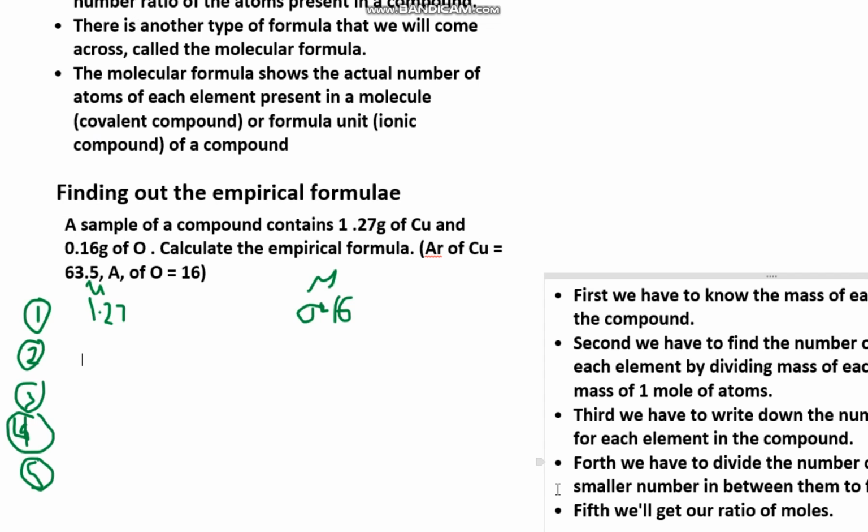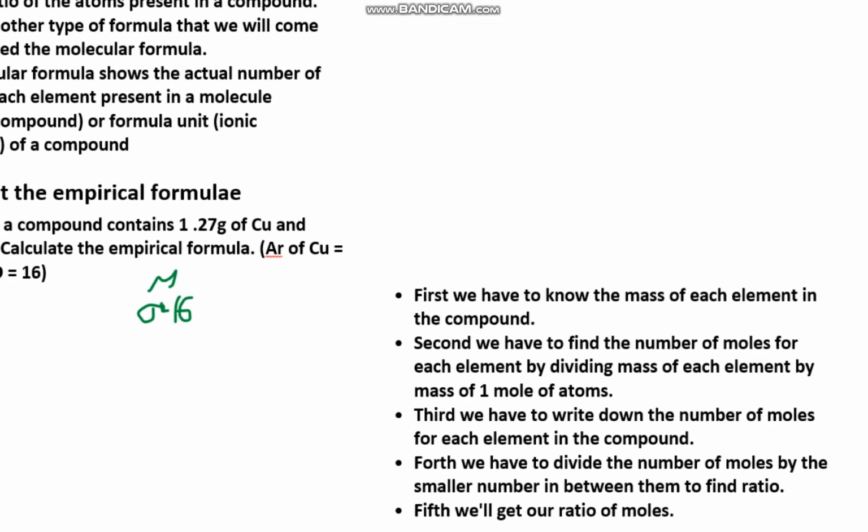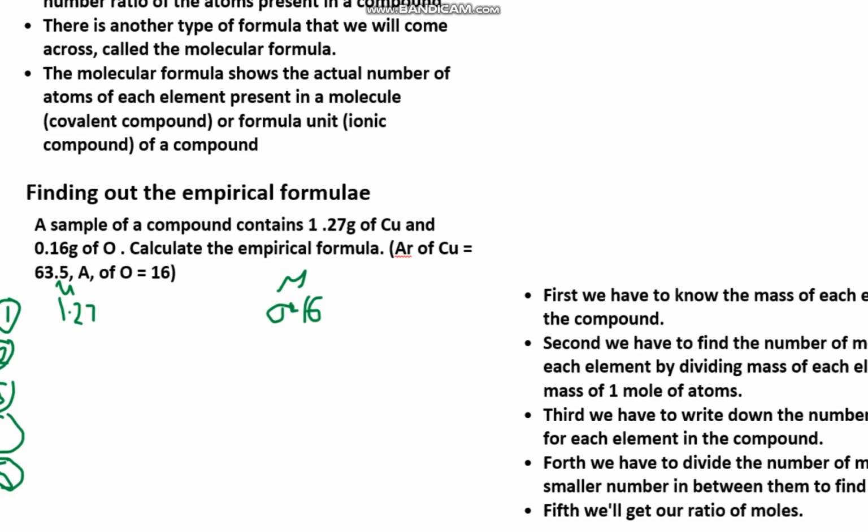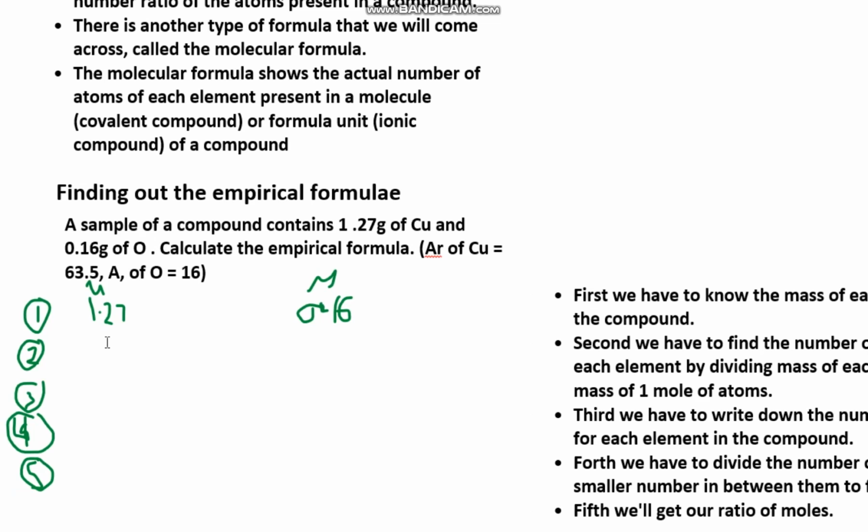Second, we have to find the number of moles for each element by dividing the mass of each element by the mass of 1 mole of atoms. So 1.27 is divided by 63.5, because 63.5 is the Mr, or the relative mass of copper.